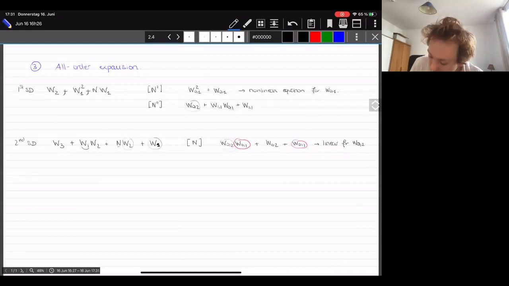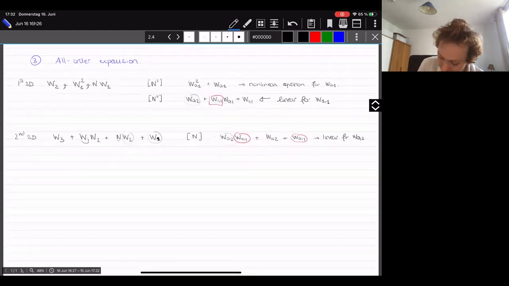If we do this, then we can come back to this equation and say, well, now we know W02, but we're looking for W11. And again, this is a linear equation for W11. In fact, it's the same linear operator acting on W02 and on W11.